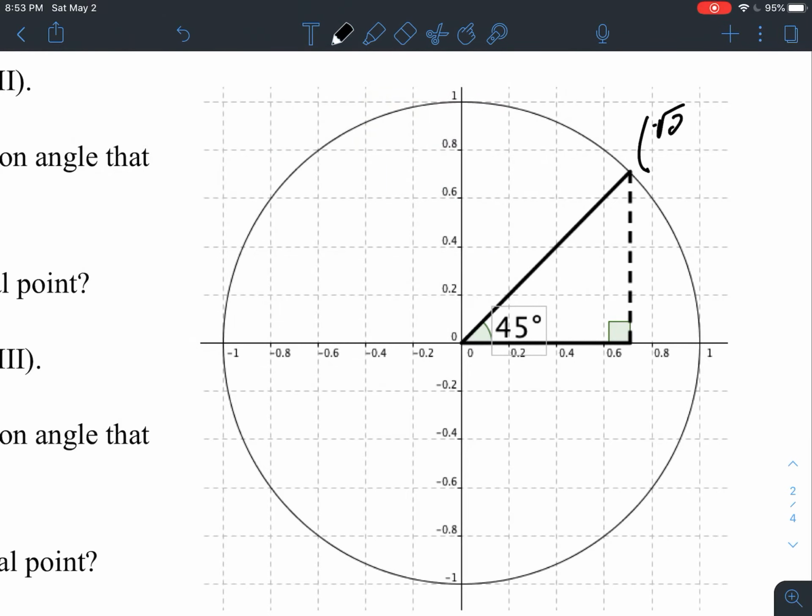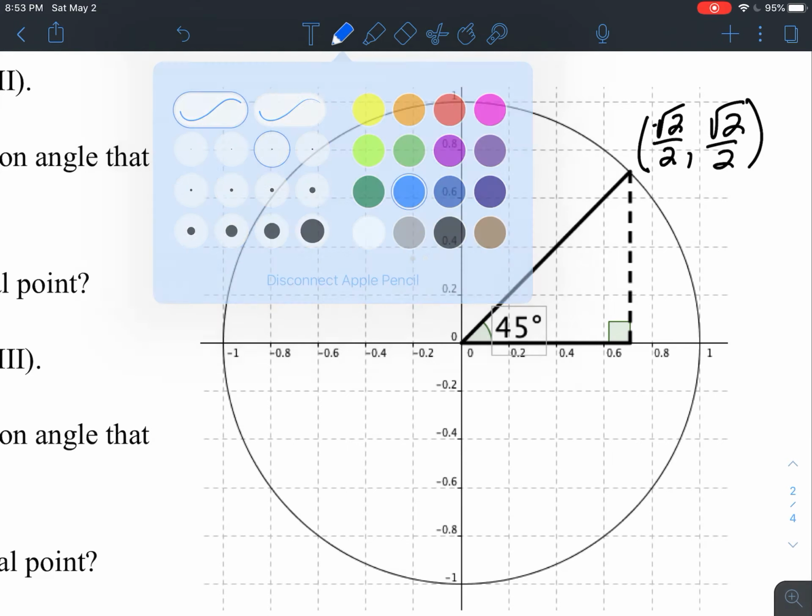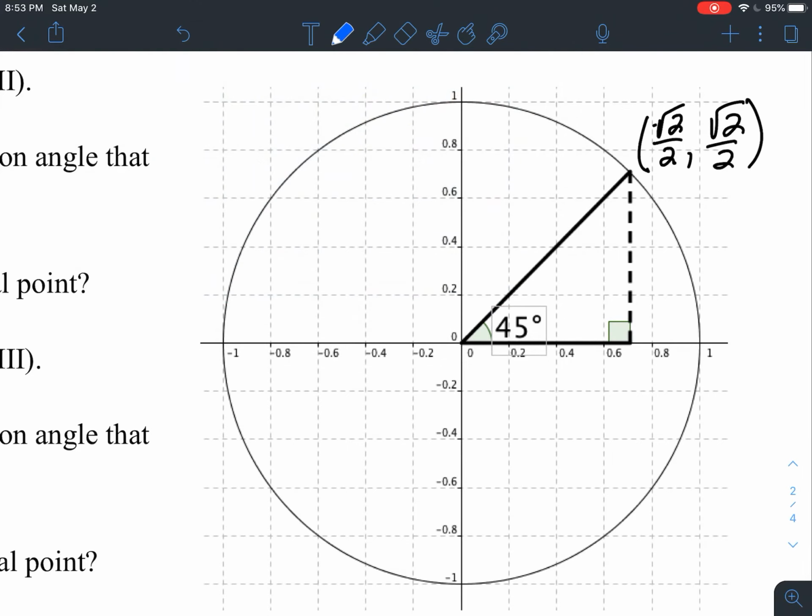Now, if I reflected that over the y-axis, that vertical axis right there, which would put it over here into quadrant 2, I would end up with an angle like this. When we do a reflection, the only thing that changes is the sign of one of my two coordinates.